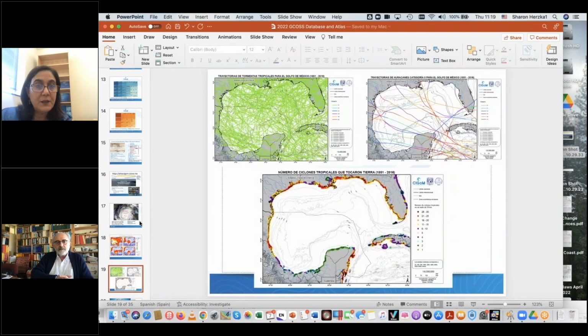And here are some other maps that are included in that volume, including the trajectories of tropical storms between 1851 and 2016 on the left, and then on the right we have the trajectories for different categories of storms, and on the bottom we have the number of tropical cyclones that made landfall throughout the Gulf of Mexico over that 170-year period.